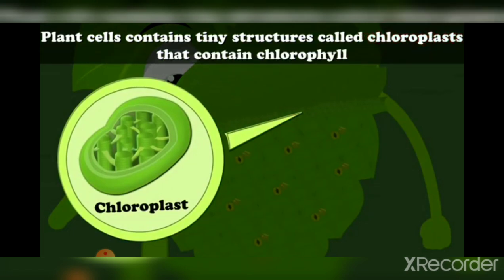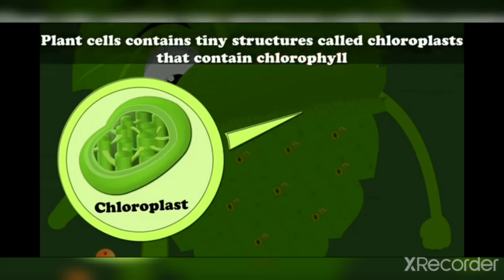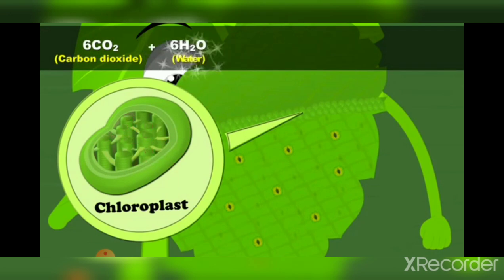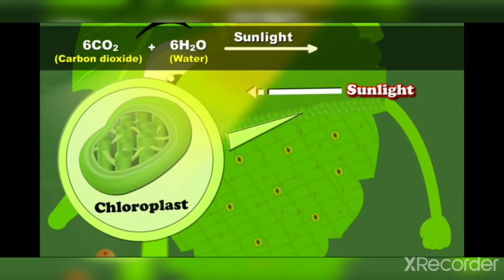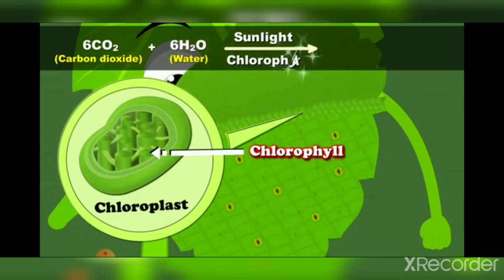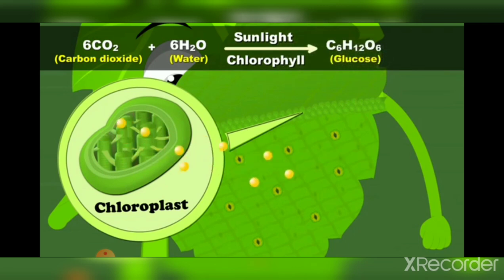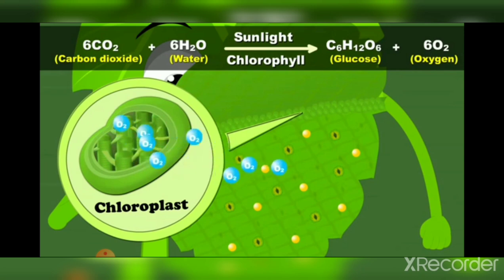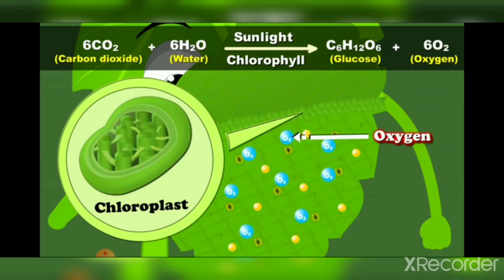This is all for your knowledge. Now you can see carbon dioxide or air plus water and sunlight. They make food for the plant. And now the plant grows and gives us oxygen.